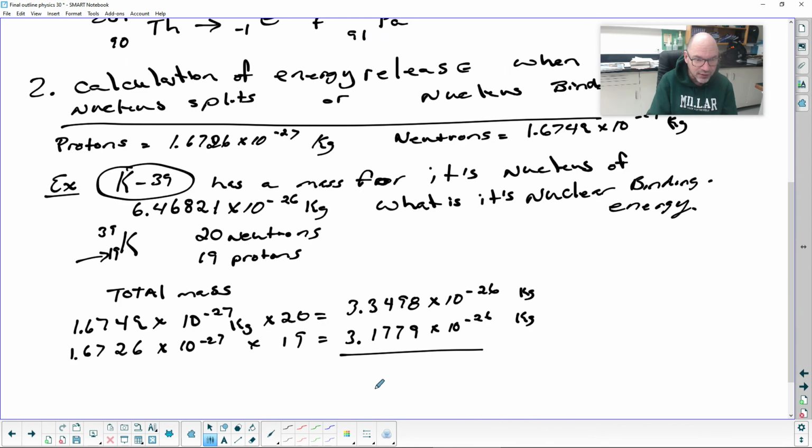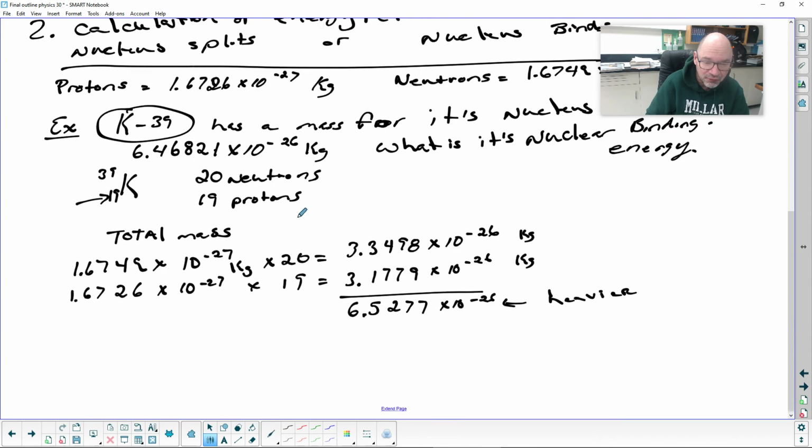And this gives us a heavier mass, 6.5277. Okay, so notice this is heavier. That means there's some missing mass, or a mass defect or deficit, depending on how you say it.